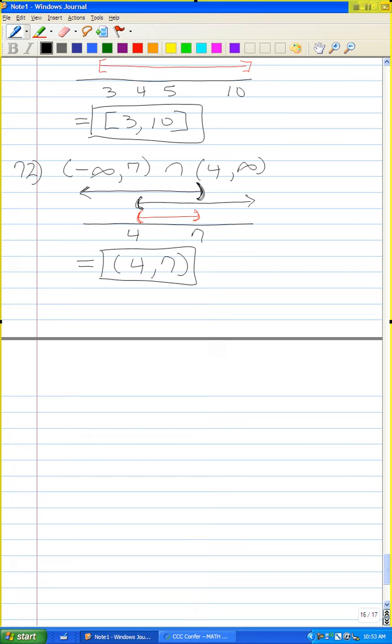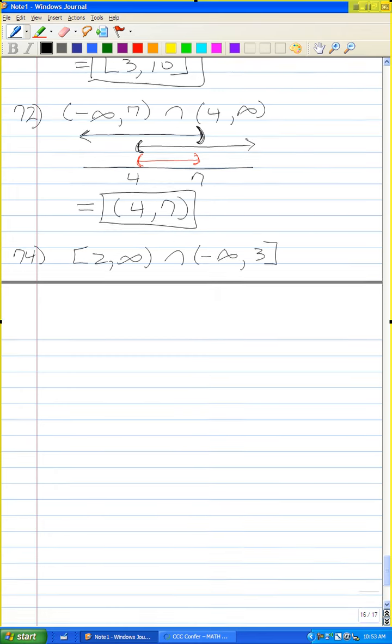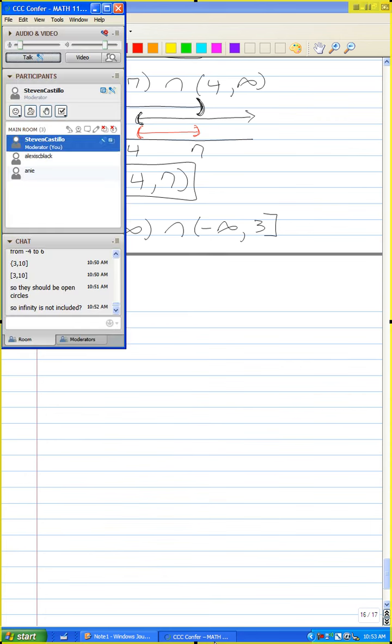74. The closed interval from 2 to infinity, intersect the closed interval negative infinity to 3. Yep, the infinities are not included.